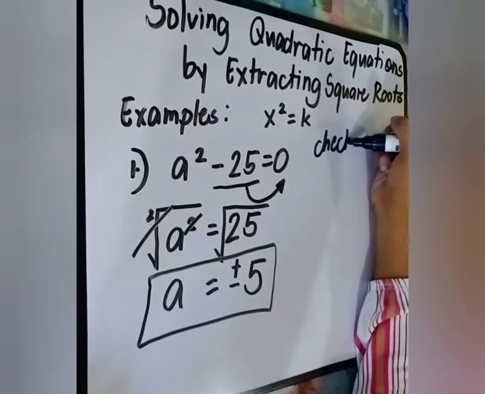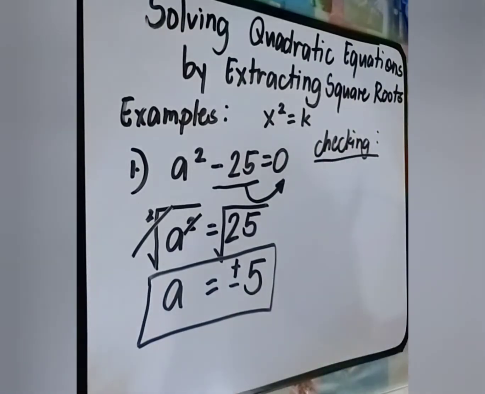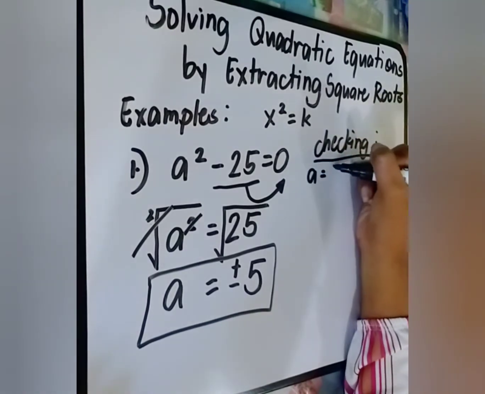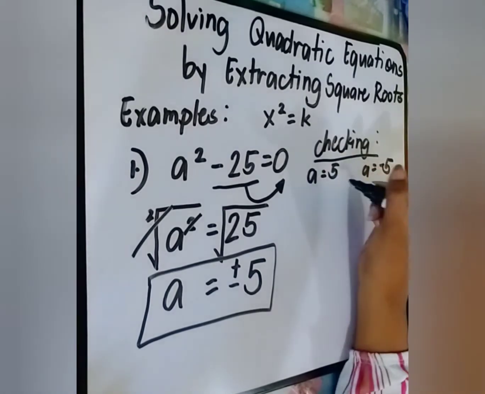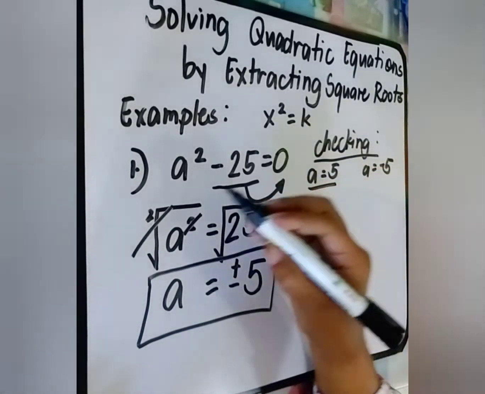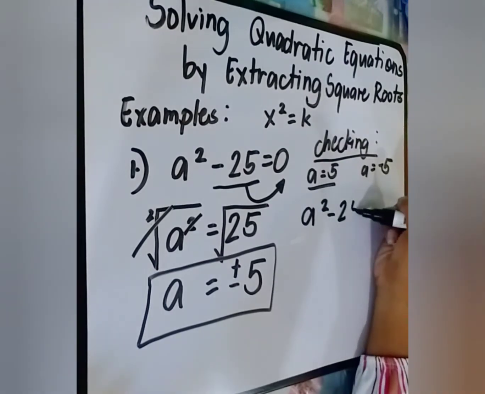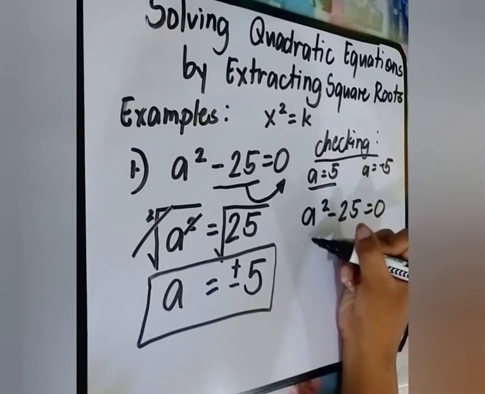Now, to check whether our answer is correct, we must substitute the values of a. So, meron tayong dalawang value ng a, which is a is equal to positive 5 and a is equal to negative 5. So, i-check muna natin kung tama yung positive 5. Okay, a squared minus 25 is equal to 0.